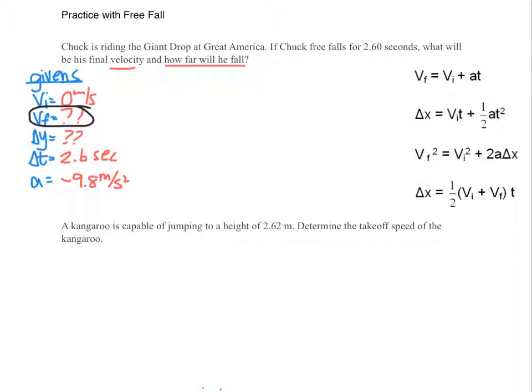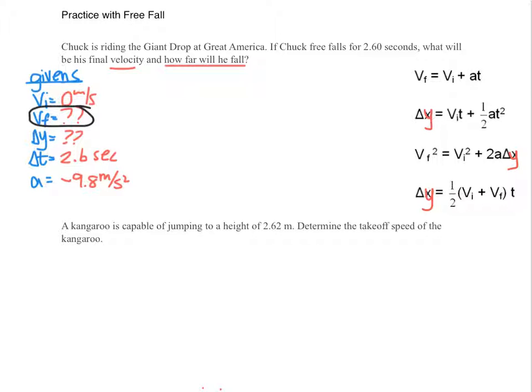So we have to figure out which equation to use. Which equation has the things that we have and the thing that we're looking for? I have initial velocity, I have change in time, I have acceleration, and I'm looking for final velocity. That means I don't really care about my change in y. And for the equations over here, we could actually change change in x to change in y.